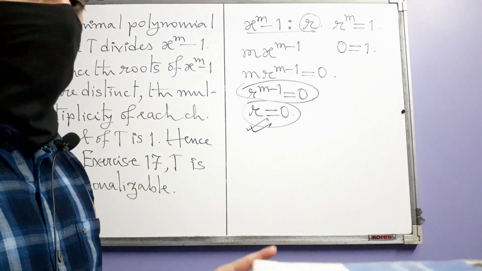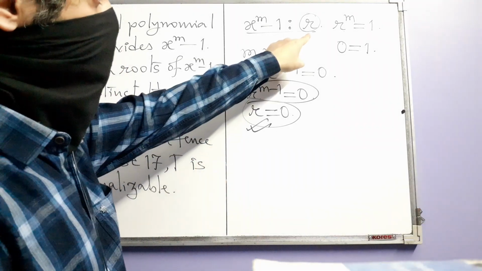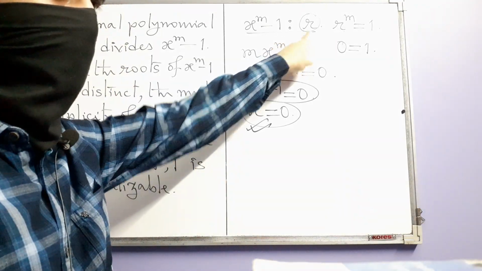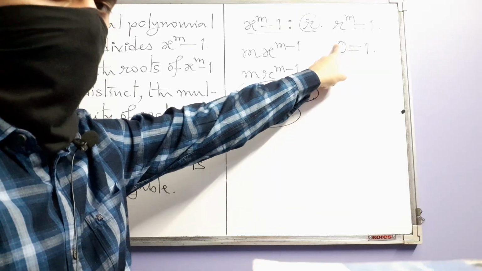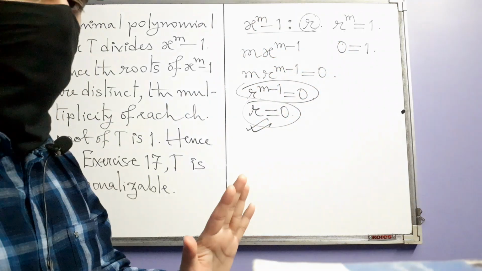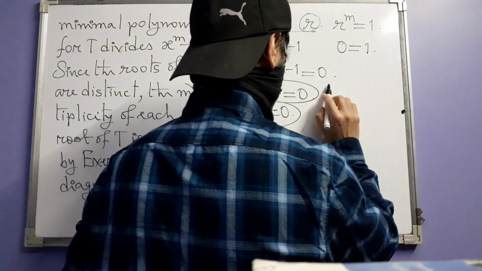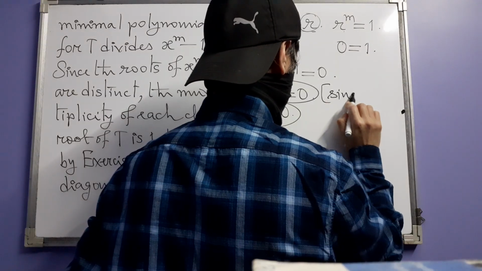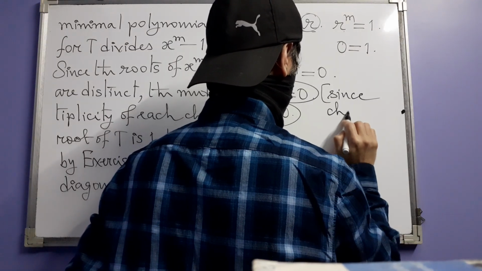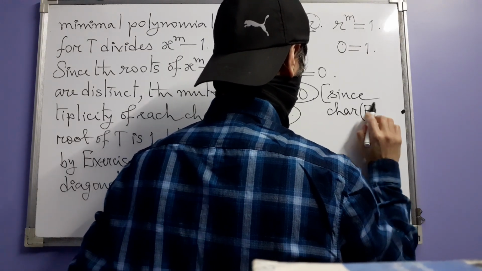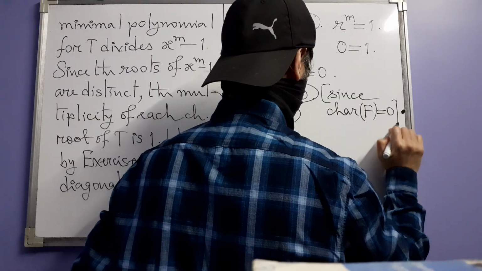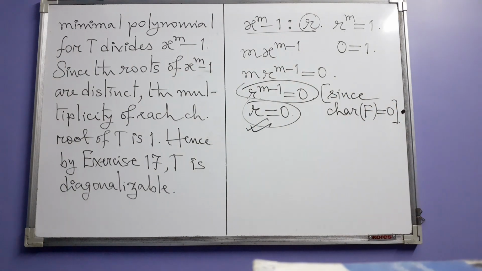That's a contradiction, and that contradiction arises from our forceful supposition that this has a multiple root. So this does not have a multiple root, and this is where this part plays a role.